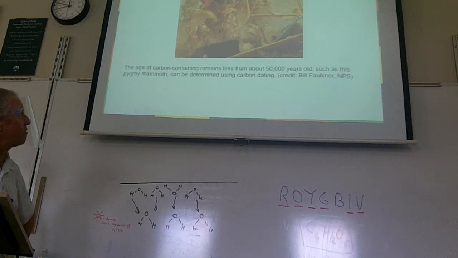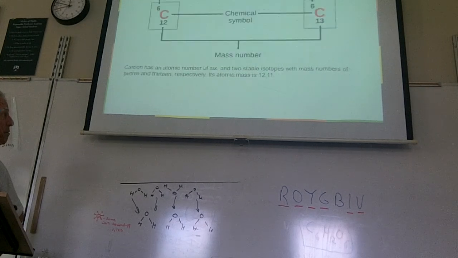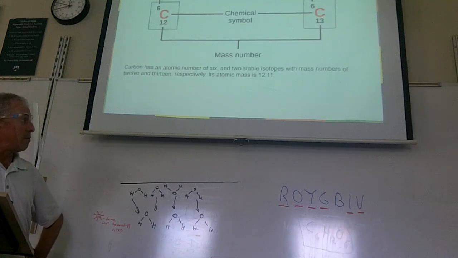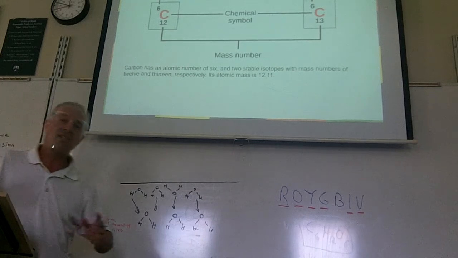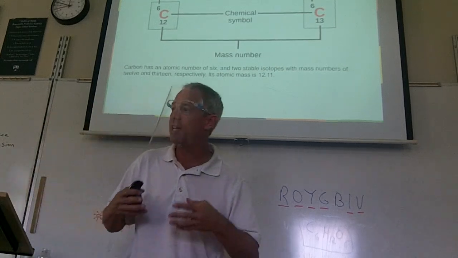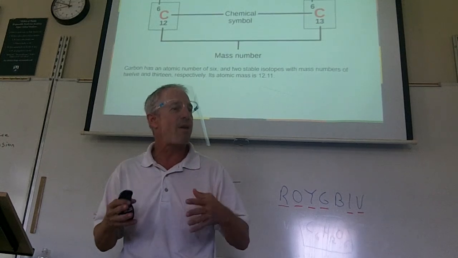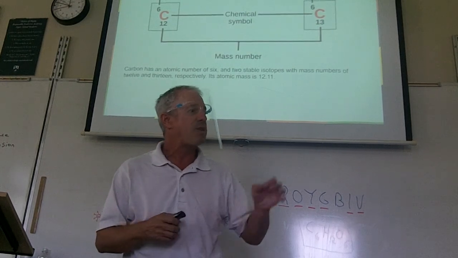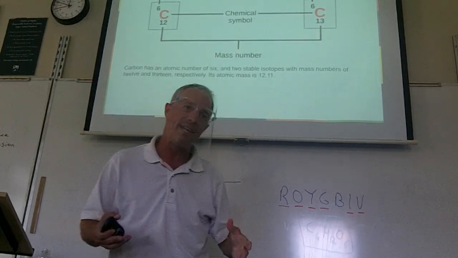Here's a guy finding fossils. You can carbon date fossils. Do y'all know how carbon dating works? These we call carbon-13 and carbon-12 isotopes. Isotopes have different numbers of neutrons in the nucleus. Isotopes are often radioactive. There's a radioactive isotope of carbon called carbon-14.